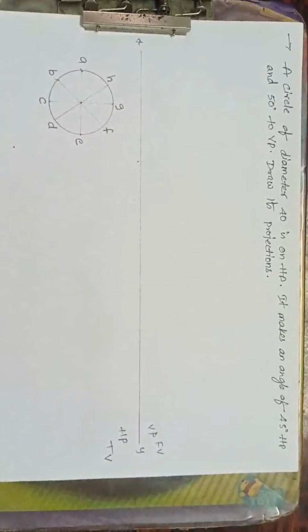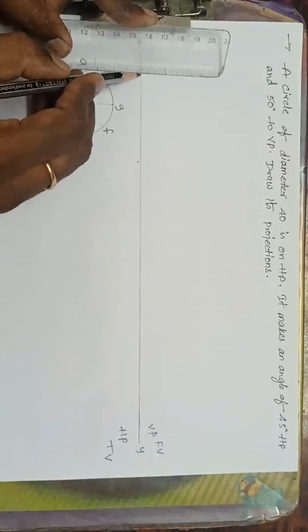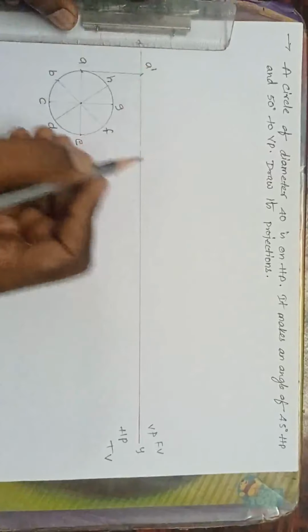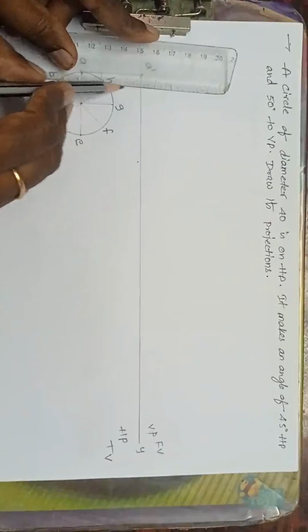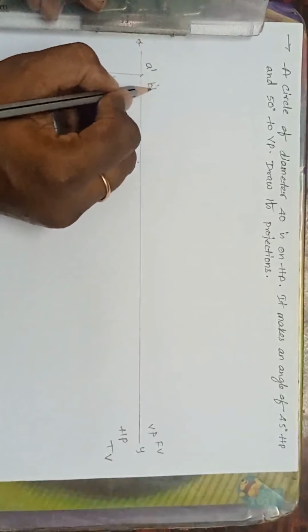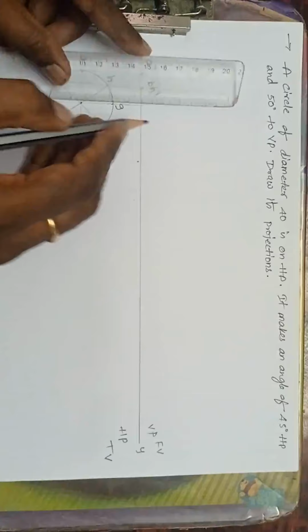Over. Done. Now next, from A drop the perpendicular line, and what is this point? This is A dash. Now from B and H I'll get it directly. This is B dash, H dash. Now this is C dash, G dash.